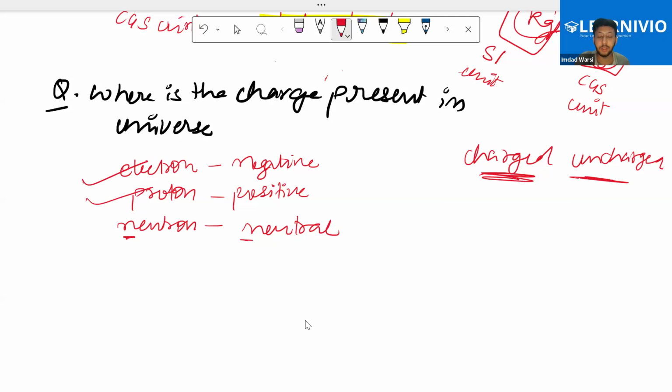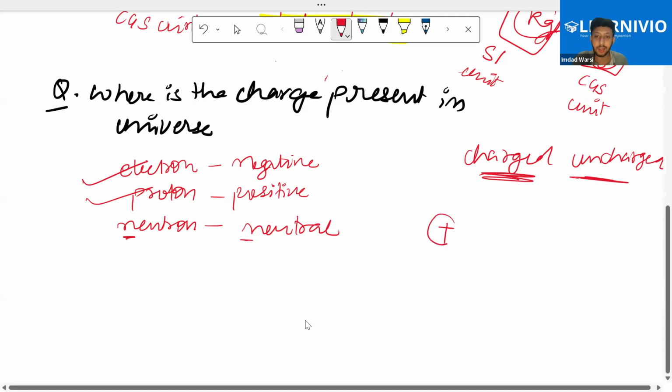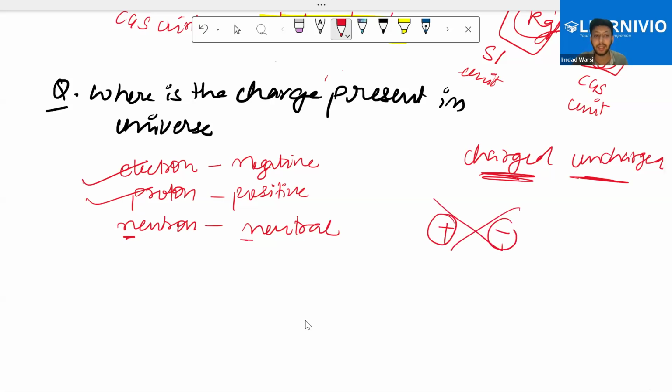Neutron, we say neutral. This is a very important point to notice: it doesn't mean that it is uncharged. It means that the positive and the negative charges are equal. For example, we have 1 plus and 1 minus. This plus and this minus cancel each other, which means charges are there, but they are canceling each other. So we say it is neutral.